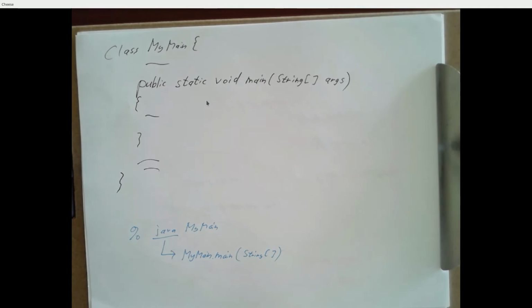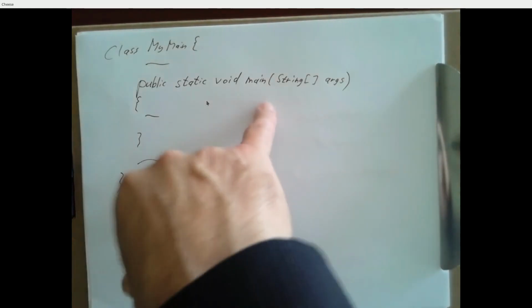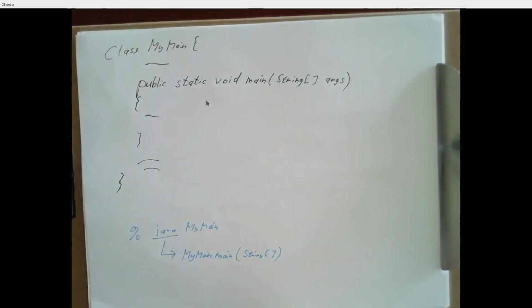It goes into the definition of that class, that's the .class file, and it looks for a static method named main. And this only works because there's an agreement that main is the name of the static method that's going to be run by the Java command, right? Otherwise, you'd have to say something like java MyMain and then the name of the method you want to actually execute.